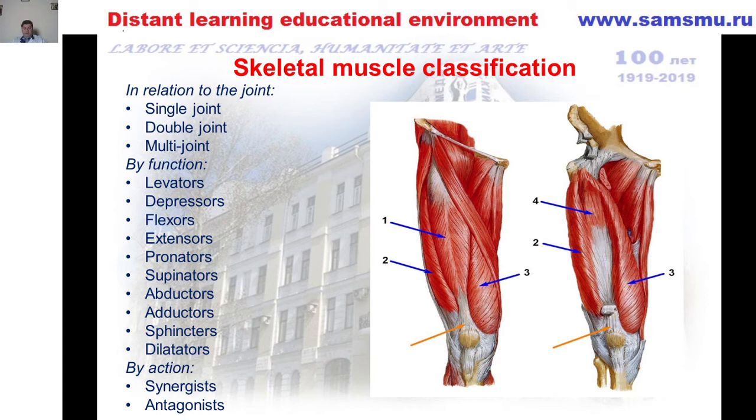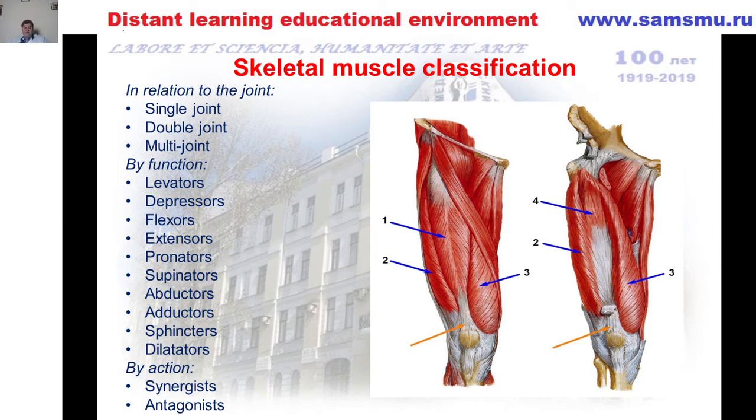Different parts of the same muscle can perform different functions. For example, the anterior bundles of the gluteus maximus rotate the hip inward, the hind ones outward, and if the entire muscle contracts, then the hip is abducted.